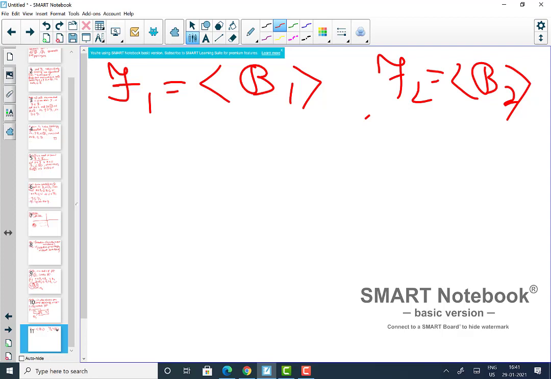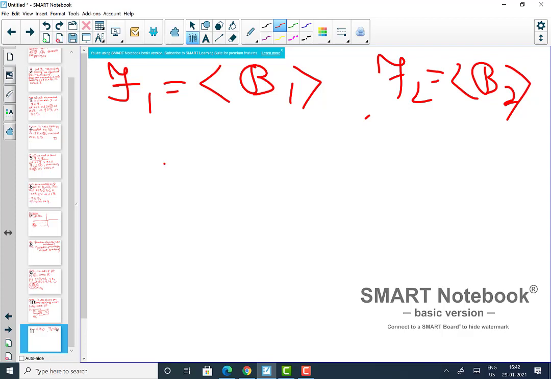So what do I need to prove? Let me first check that tau 1 is finer than tau 2. Tau 1 finer than tau 2 means that inside every circular basis element, you have a rectangular basis element. That is obvious, right?